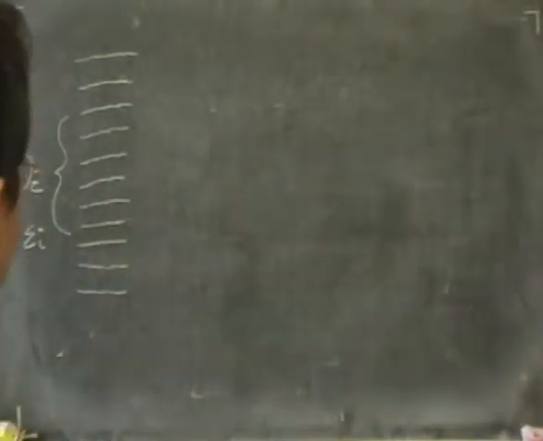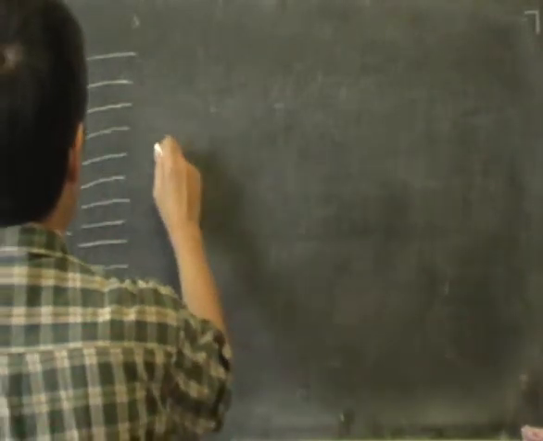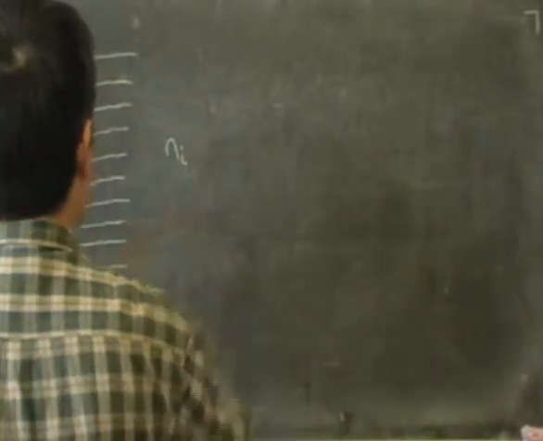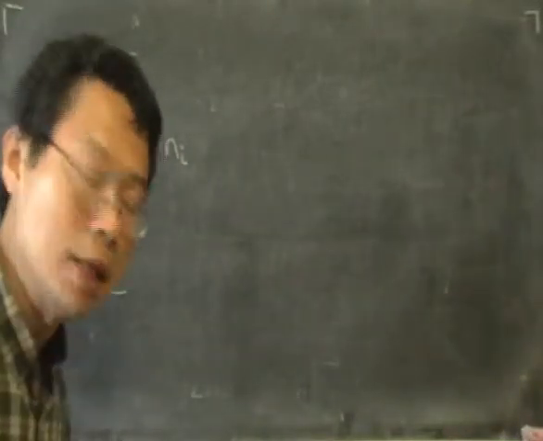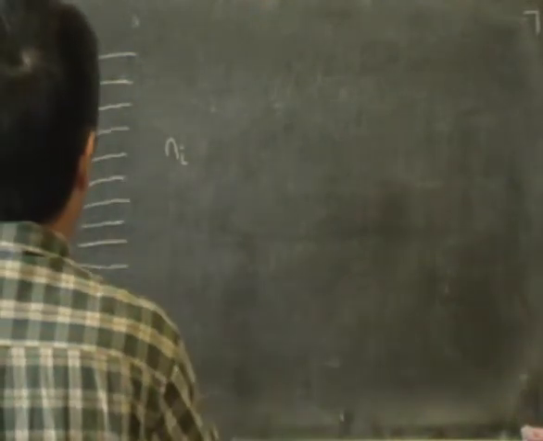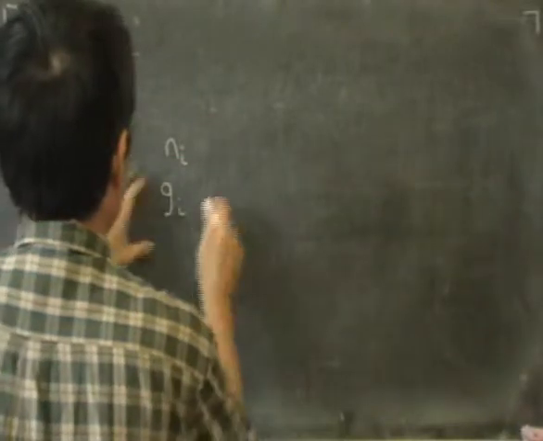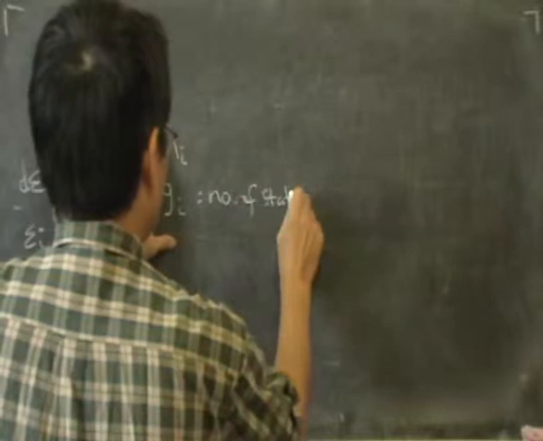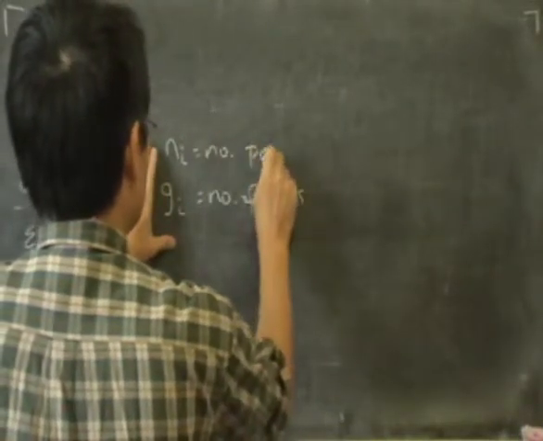Okay, so a small interval around Ei. There would be a number of particles within this interval, let's say Ni, and there would be a number of energy states, Gi. So Gi is the number of states, Ni is the number of particles.